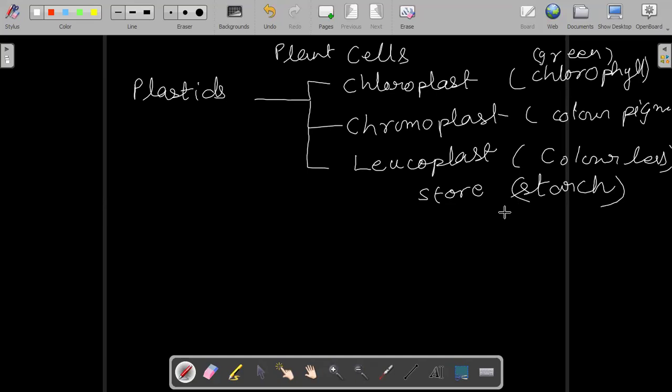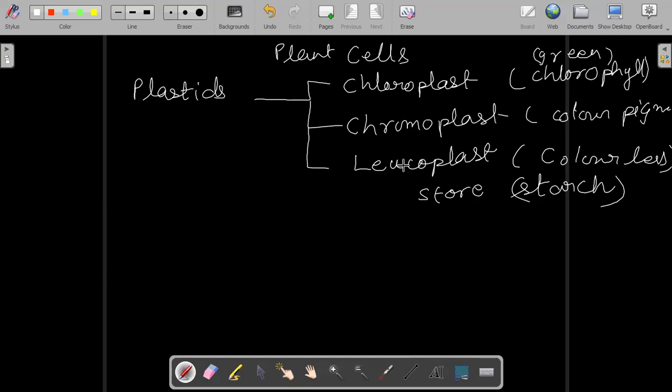Starch is a form of food that is present in plant cells. In the human body, it is present in the form of glycogen; in plants, it is present in the form of starch. Starch is a carbohydrate, and it can be broken down further to glucose and maltose.